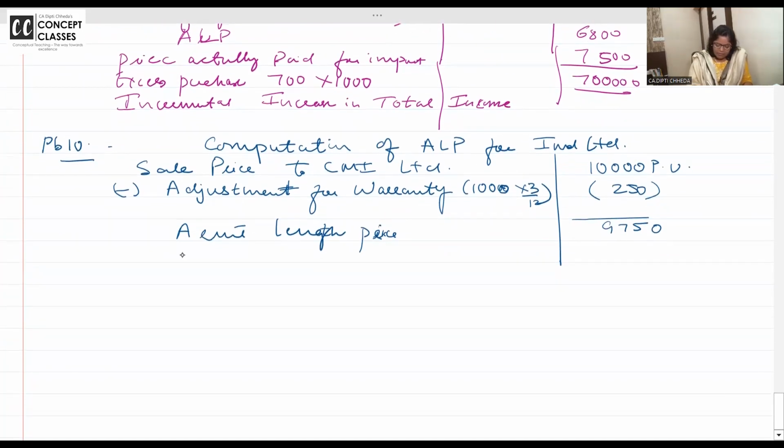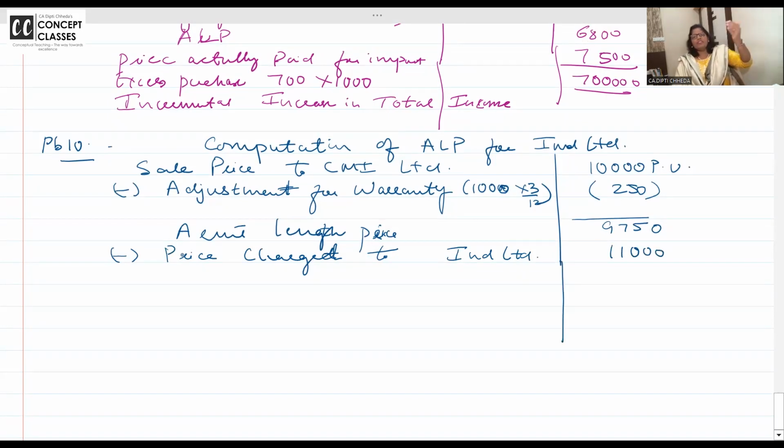Okay. Now, what is the price charged to our company? Our company's name is IND Limited, India Limited: 11,000. So we have purchased at 11,000, whereas with the same terms and conditions, there are others who are purchasing from the foreign country at 9,750.